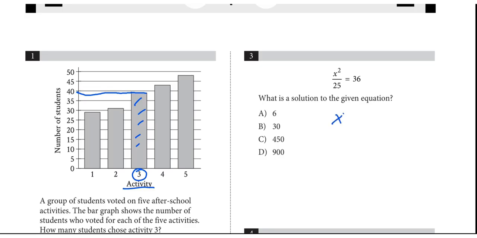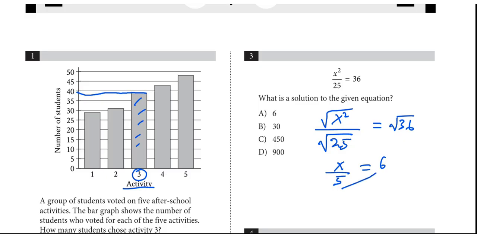So the square root of x squared over the square root of 25 is equal to the square root of 36, and this will give us x over 5 is equal to 6. And now simply cross multiply, use this 5 to multiply this 6, and x will be equal to 5 times 6, which is 30. So the answer to this question is B.